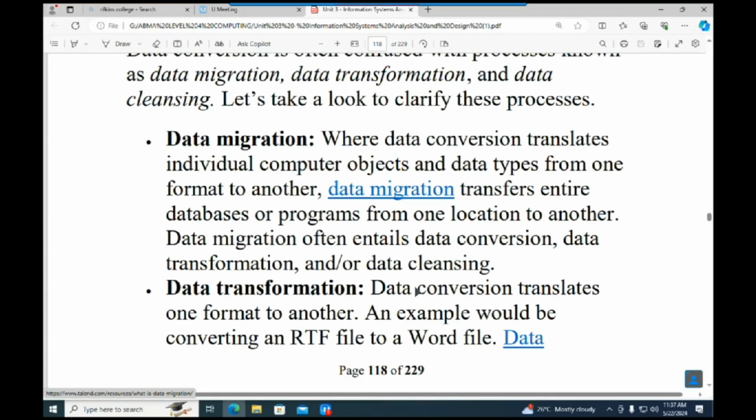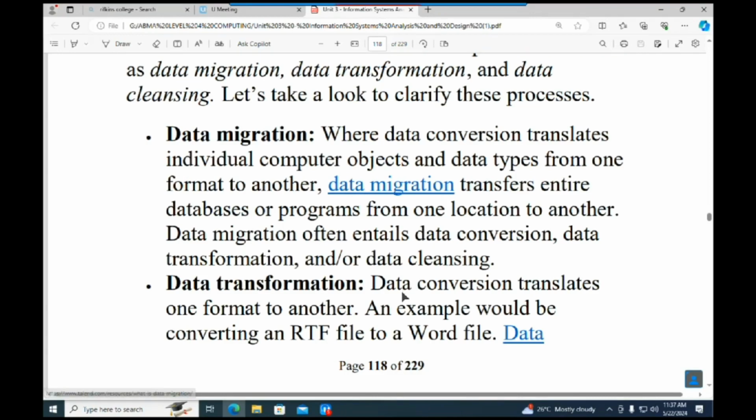We are changing the location, but we are preserving the format. When we do data migration, we change the location, but we preserve the format. Now, at times, in data migration, we also do data conversion, or maybe data transformation, or data cleansing. But the two are not the same thing.